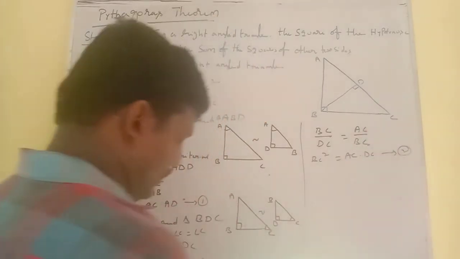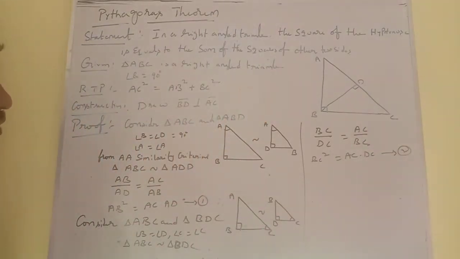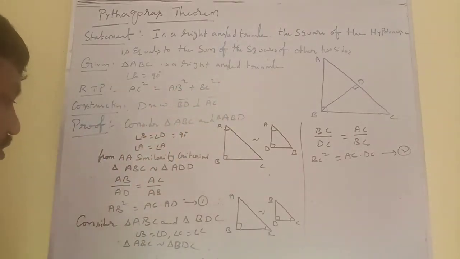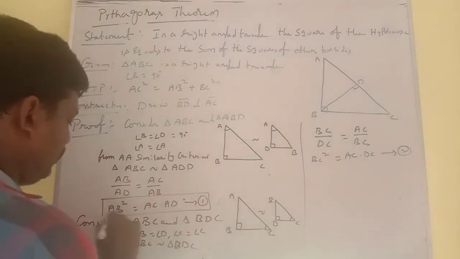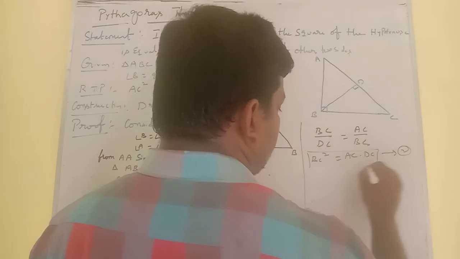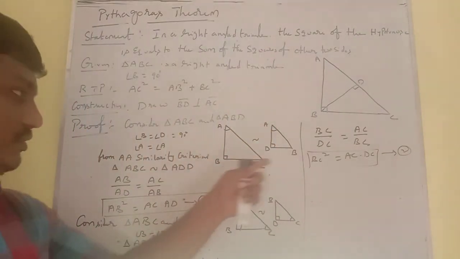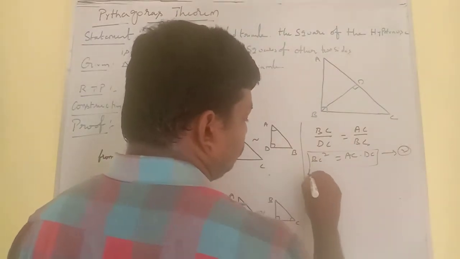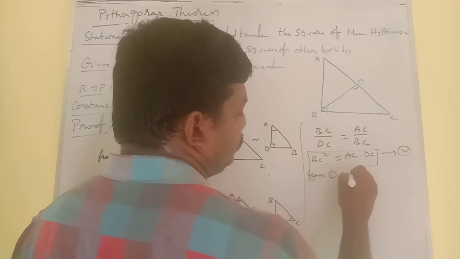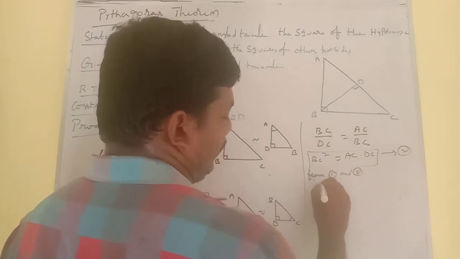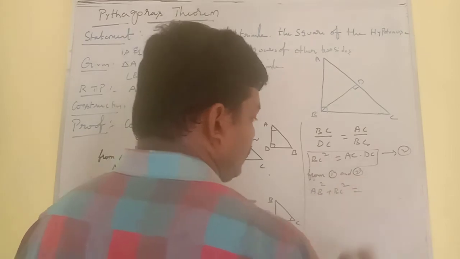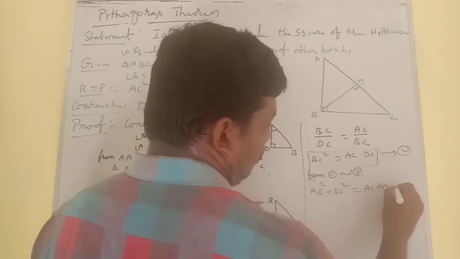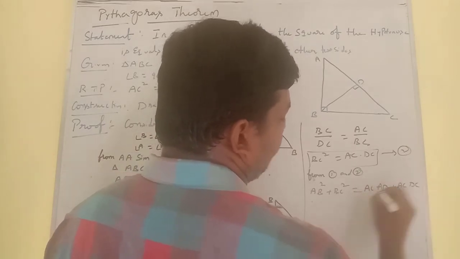That is the second condition. Now we are going to find AC square equals AB square plus BC square. Now we got AB square here, and we got BC square here. If you add AB square plus BC square, what do we get? From equations 1 and 2, AB square plus BC square is equal to AC into AD plus AC into DC.